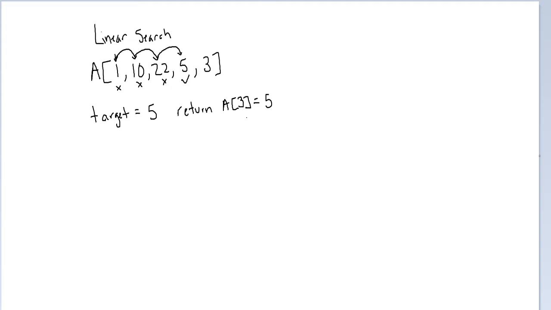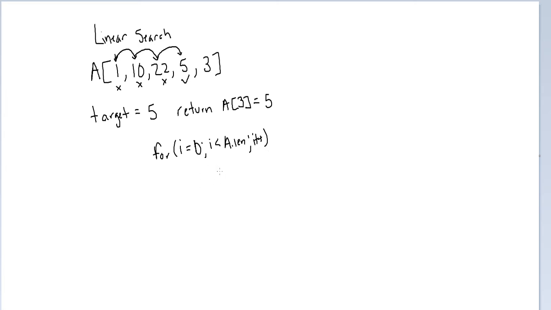And to do that in code, it's just a super simple for loop here. We can just say i is equal to 0, i is less than a dot len, i plus plus.